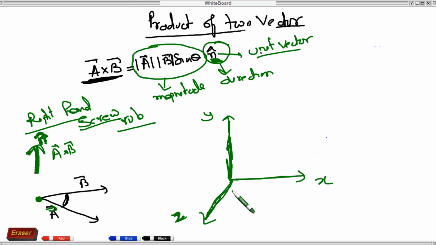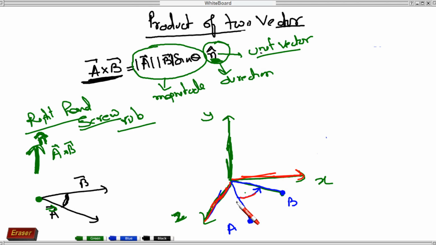And suppose these two vectors, vector A and vector B, are in which plane? They are in the xz plane.